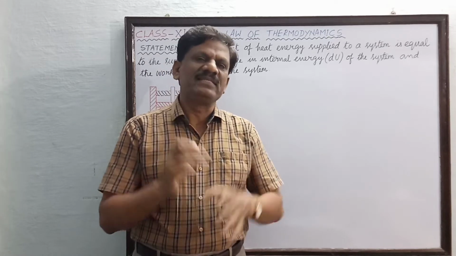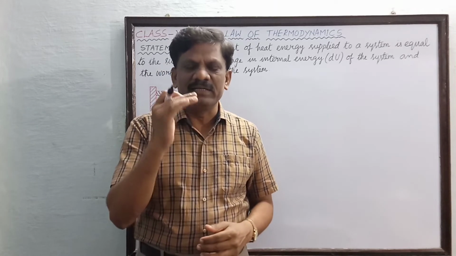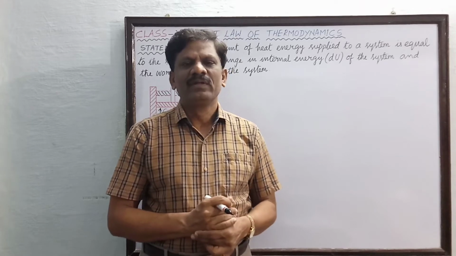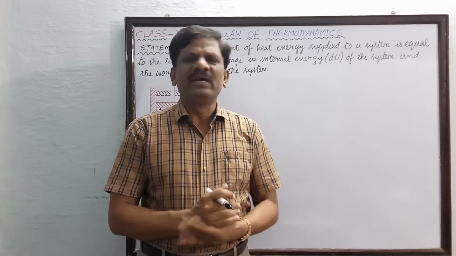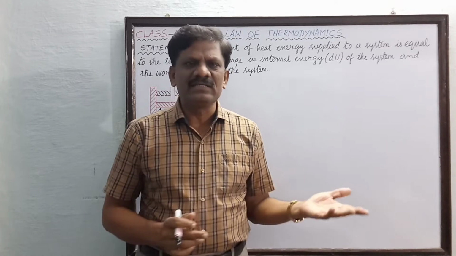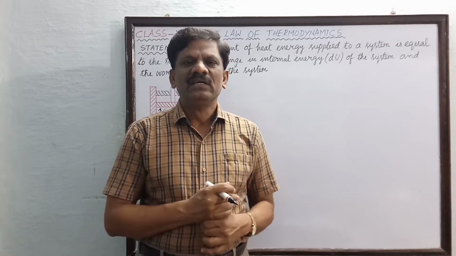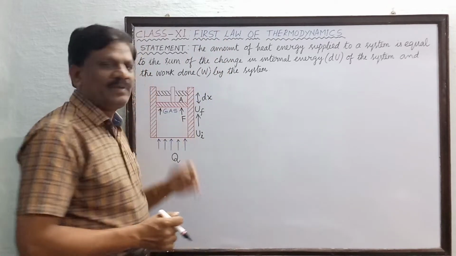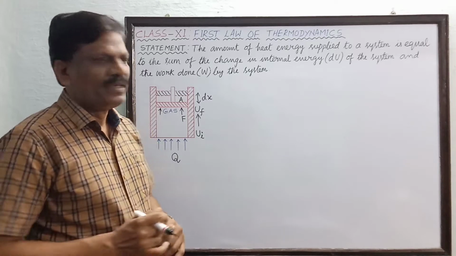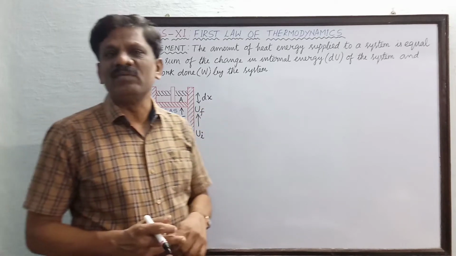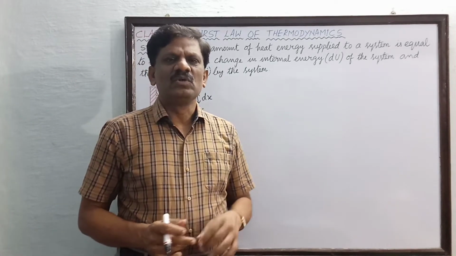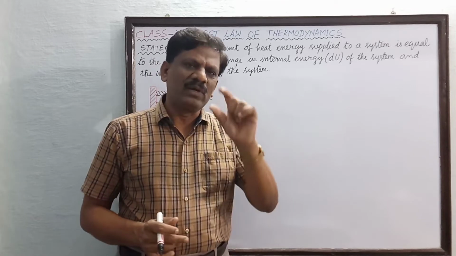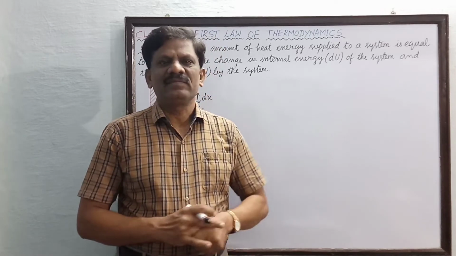This is called the work done by the system. Work done, we have studied, is force into distance, or force into displacement. So here the force exerted by the gas is F, and the distance through which the piston moves is dx. So this F dx must be the small work done by the gas.